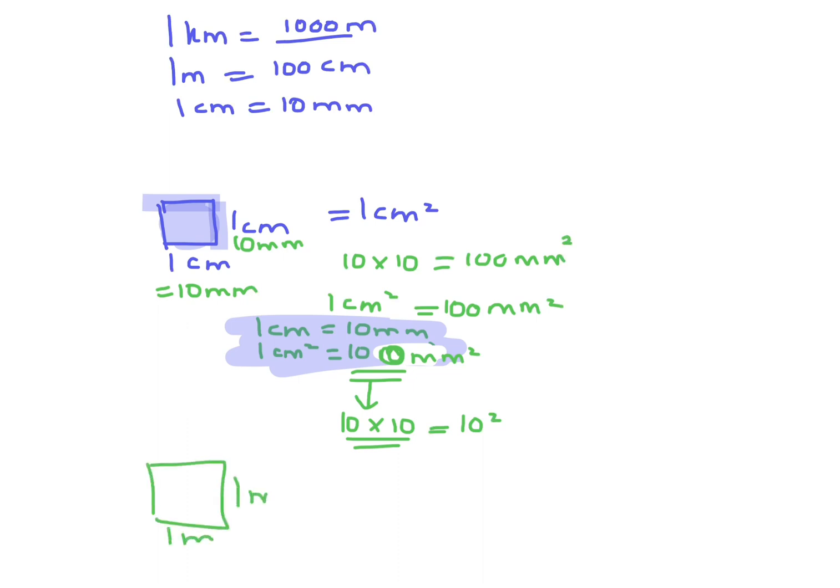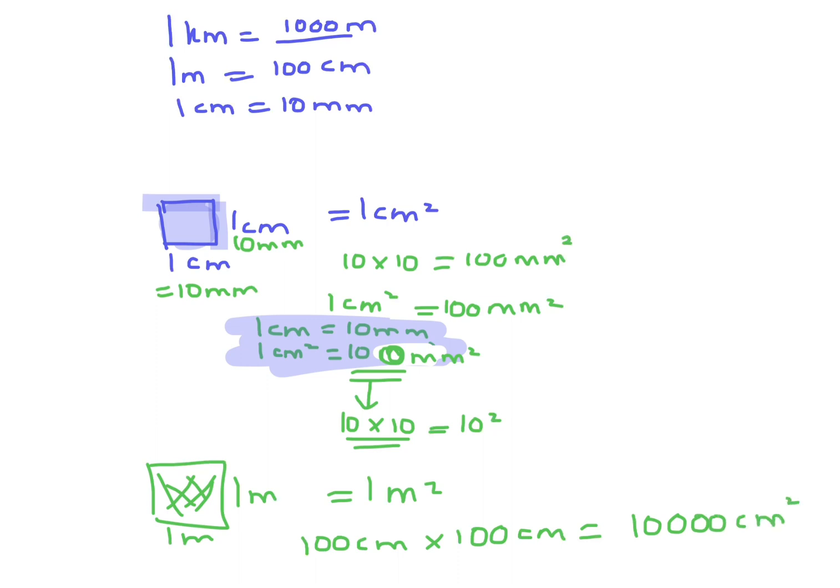So if you had 1 metre by 1 metre, that's 1 times 1, that area, and that's 1 metre squared. But instead of having it in metres, if you had it in centimetres, it would be 100 centimetres by 100 centimetres, which would be 1, 2, 3, 4 zeros.